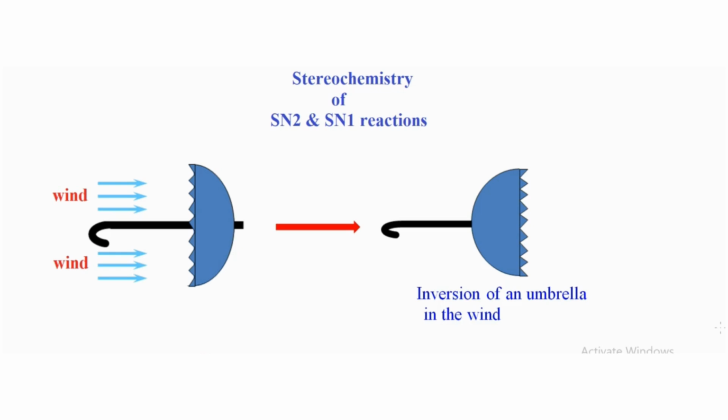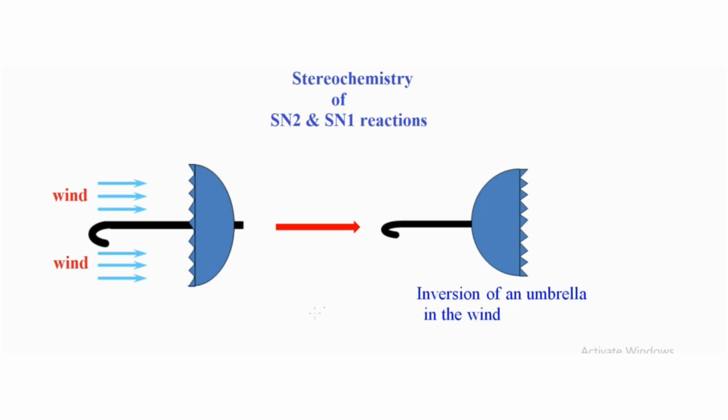Okay, now let us go into the topic of the stereochemistry of SN2 reaction. So what will happen if an SN2 reaction takes place in a chiral molecule? Before going into that, let's see some analogy.